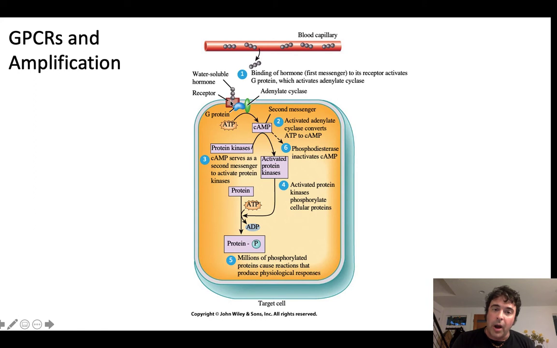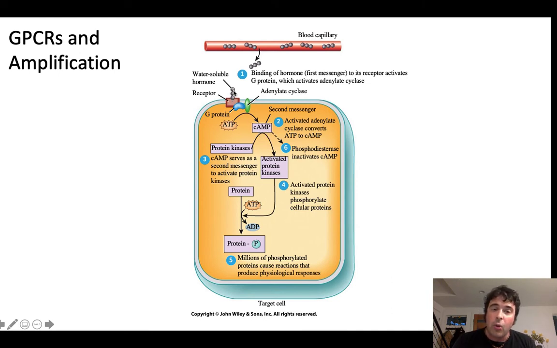When a hormone binds to this receptor, it activates a G protein. That G protein then goes and activates one of your transduction molecules or secondary signaling molecules called adenylyl cyclase. Adenylyl cyclase converts ATP into another molecule called cyclic adenosine monophosphate.